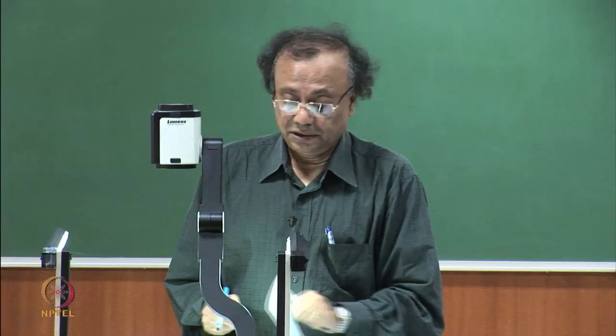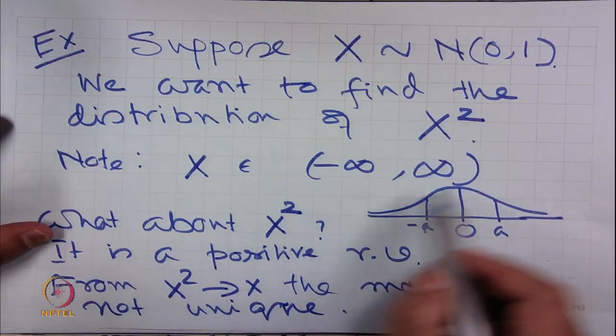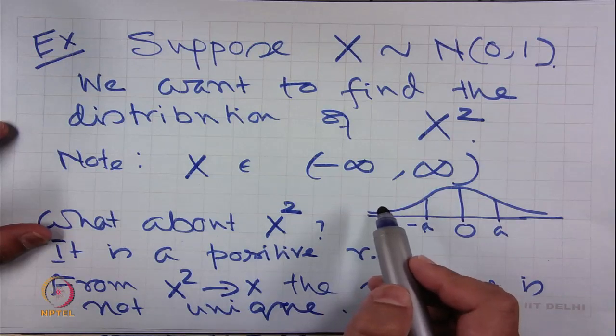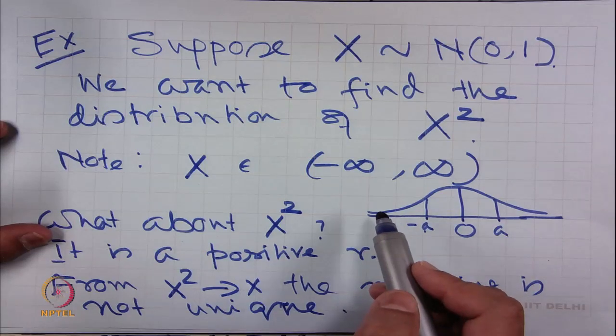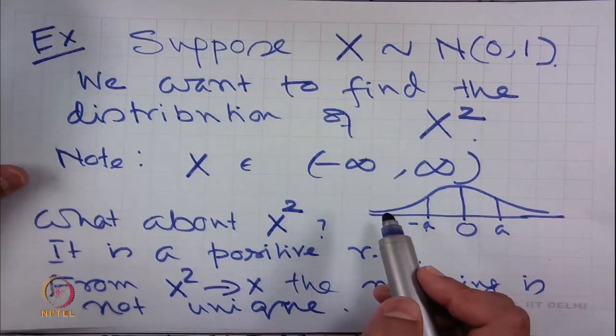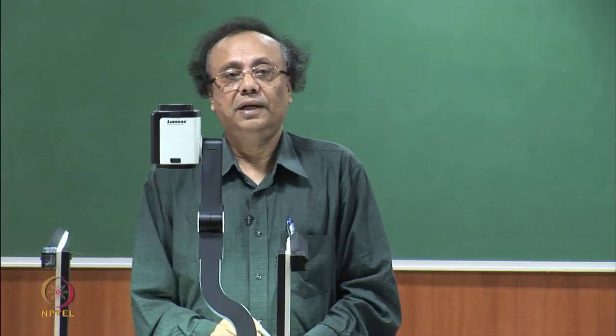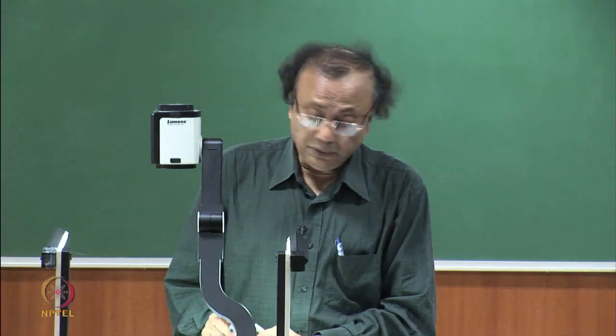Or in other words, y is equal to x square, the function is not monotonically increasing, and therefore, this theorem does not hold as such. So, what do we do?